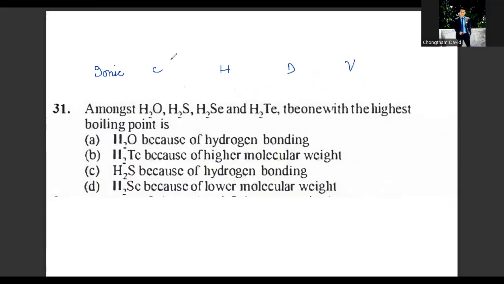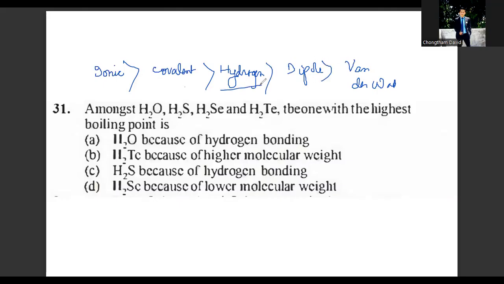I stands for ionic, C for covalent, H for hydrogen, D for dipole, and this stands for van der Waals. The mnemonic is I can't handle dirty events. Anyway, this hydrogen bonding has two types, inter and intramolecular hydrogen bonding.